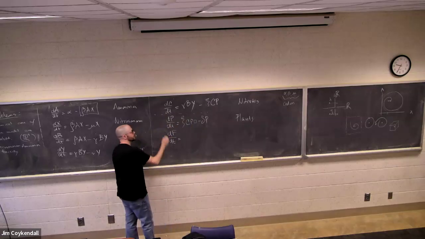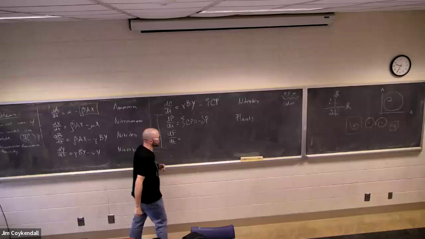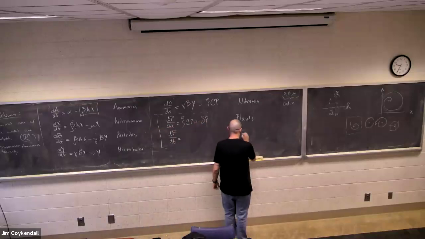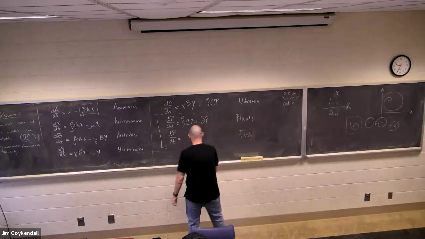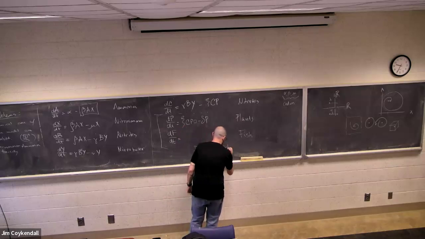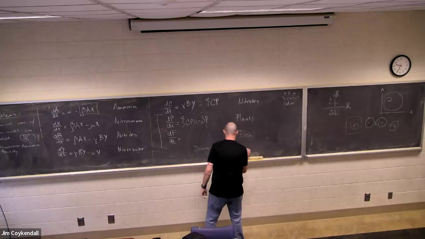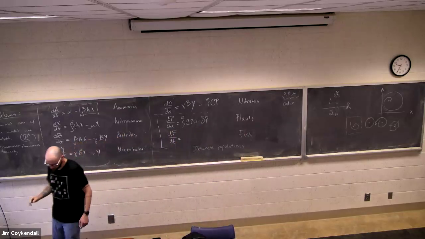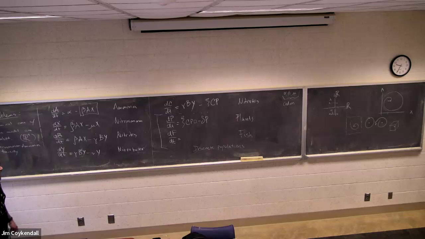So the issue is now, these are supposed to be discrete populations. How in the world do you handle blending a continuous thing with a discrete thing?